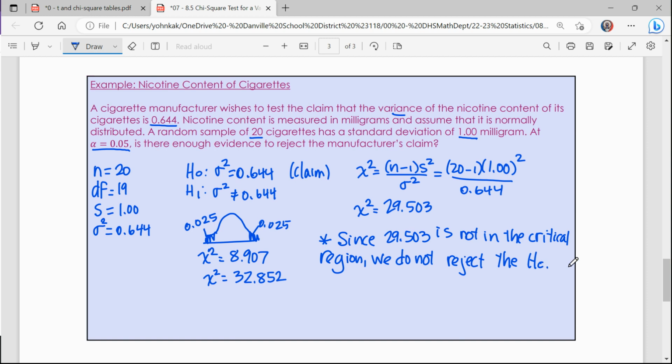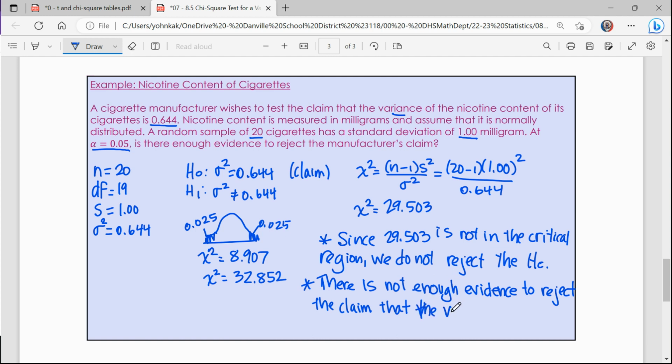Okay, so we are not rejecting the null hypothesis, and the null is our claim. So there is not enough evidence to reject the claim, and the claim was that the variance is 0.644.